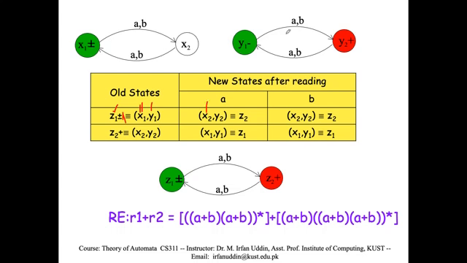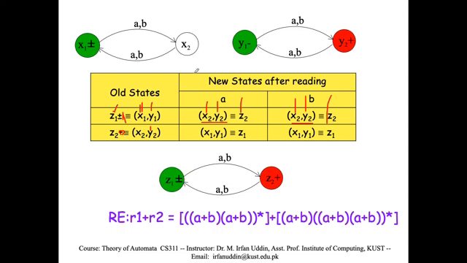In y1 reading A, we go to y2. This is called Z2. x1 reading B, we go to x2, y1 reading B, we go to y2, which is the same as the previous state. So we make a new Z2. Z2 is equal to x2 y2, and since y2 is final, we make it final.